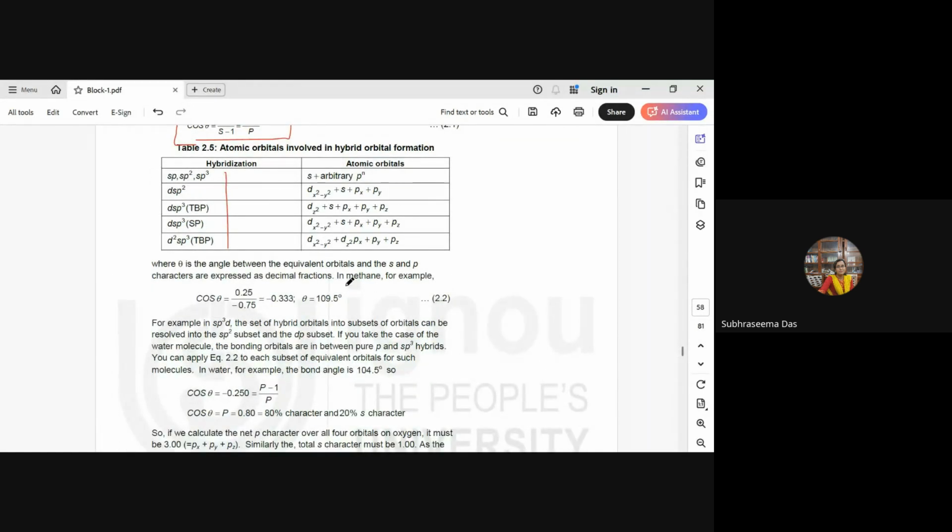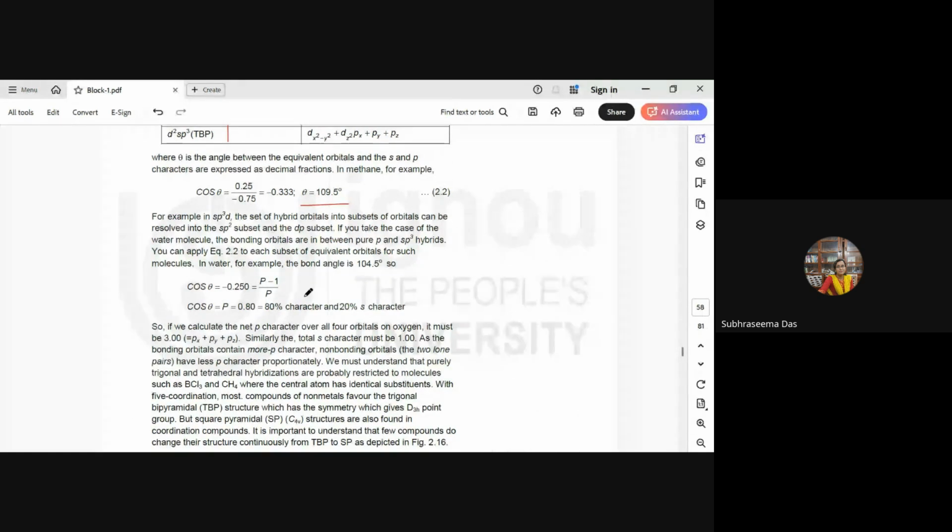Now suppose in methane, for example, θ is the angle between two equivalent orbitals. For methane, θ is 109.5 degrees. In sp³d, the set of hybrid orbitals can be resolved into subsets, sp² and dp.